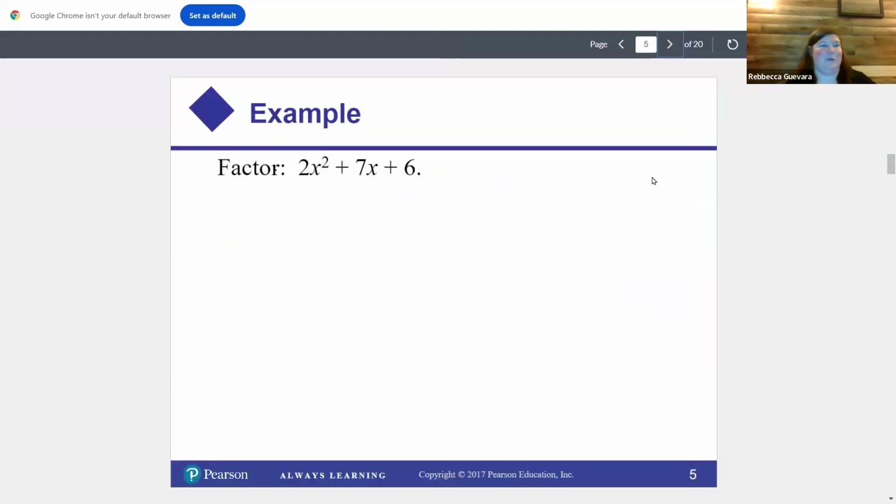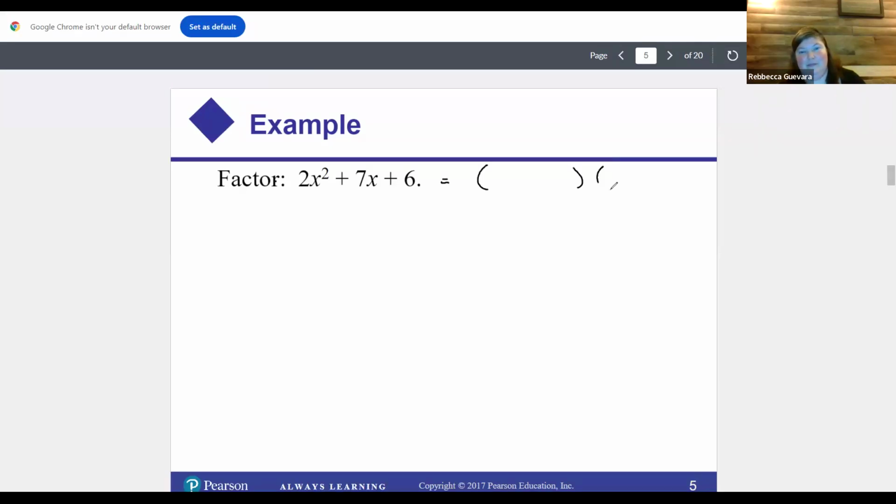So an example would be this one. I need factors that give me 2. I need factors that give me 6. So we need this to be a positive 2, this needs to be a positive 6, and this is a positive as well.